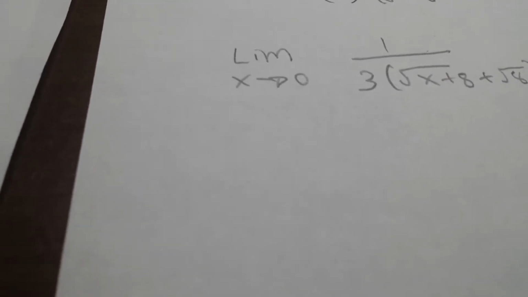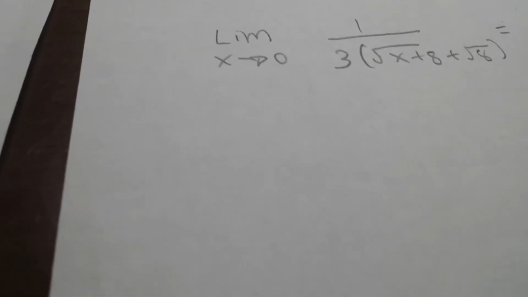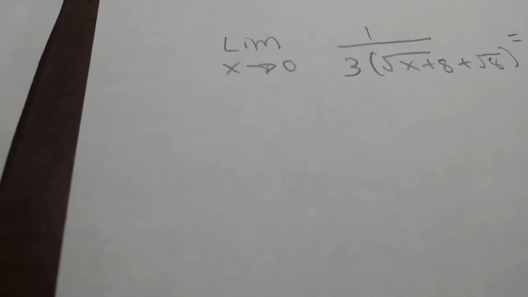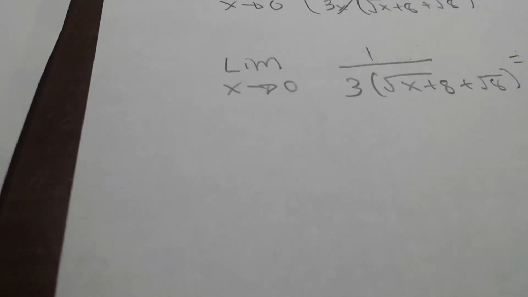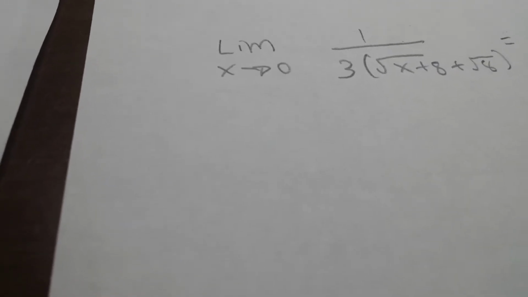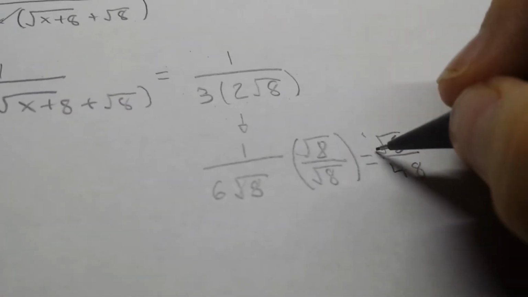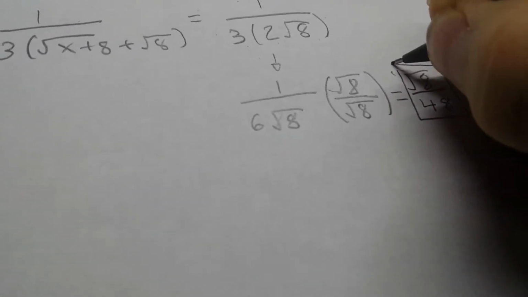We rationalize again, multiplying by the square root of 8 in the numerator and denominator, and you will obtain square root of 8 over, the square roots eliminate, so it will be 8 times 6, that is 48, and this will be your final answer.